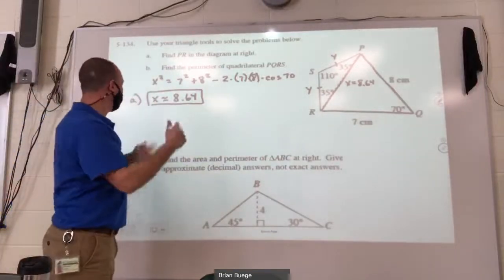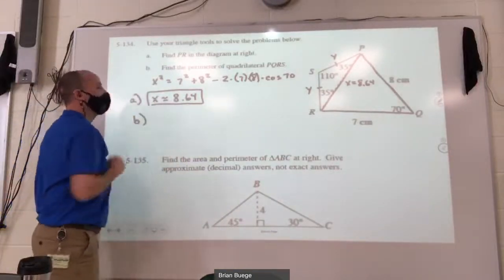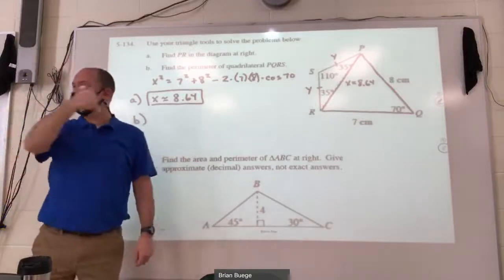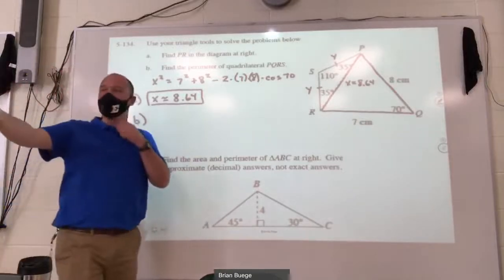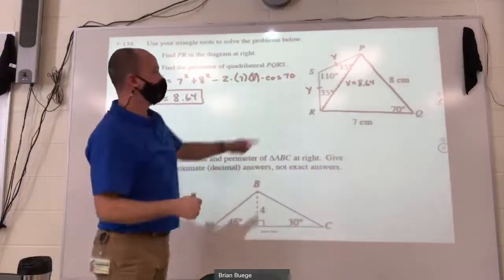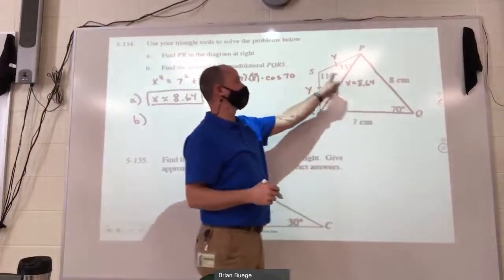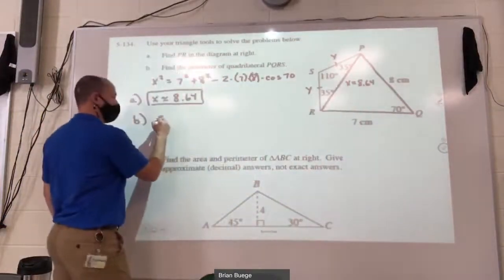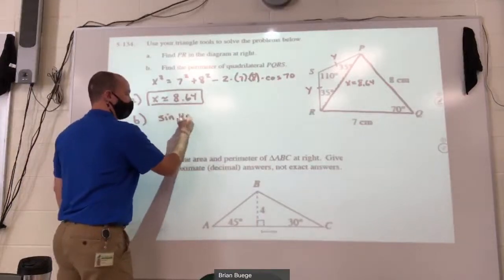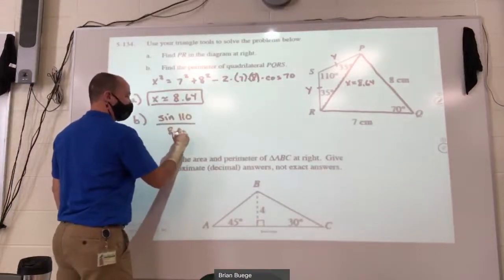So if we do that, let's go to part B. Same thing as what we were doing in the warm-up: sine of one angle over the side opposite. Since I know the 8.64, I'm going to start with sine of 110 over 8.64.